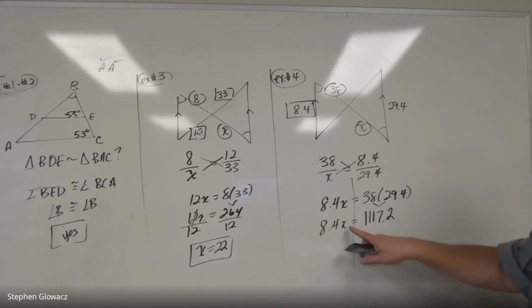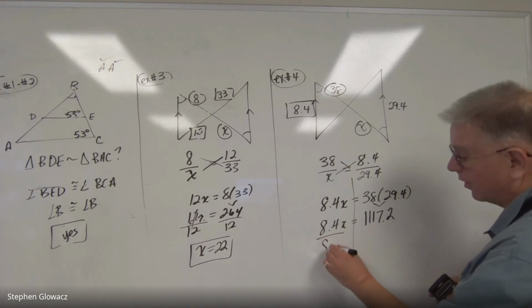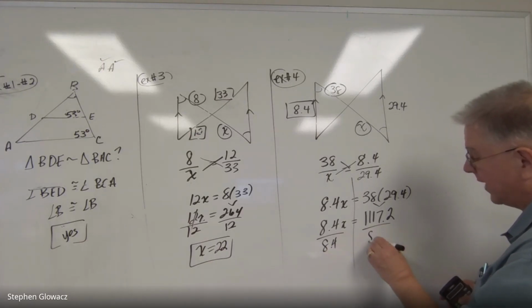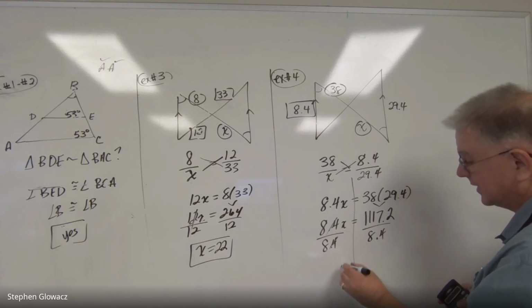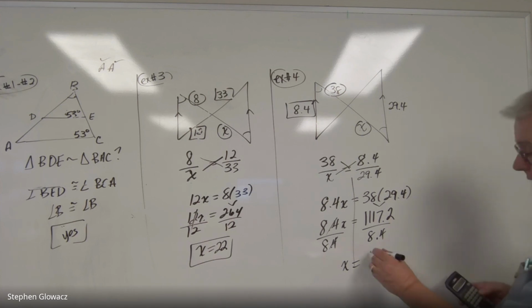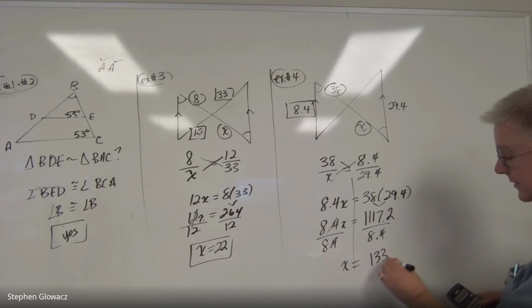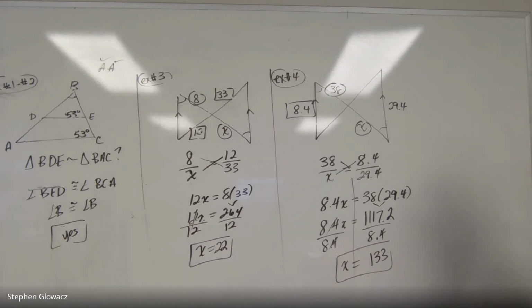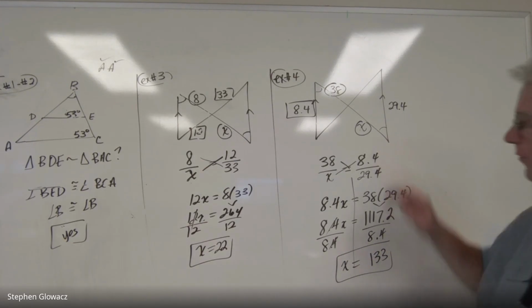All right, our last step to solve for x is being multiplied by 8.4. So we divide by 8.4 to both sides. And we divide 1,117.2 by 8.4. And we get 133, our answer for x. All right, so that is our example for problem number 4.